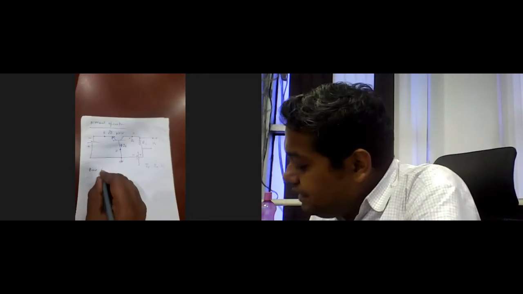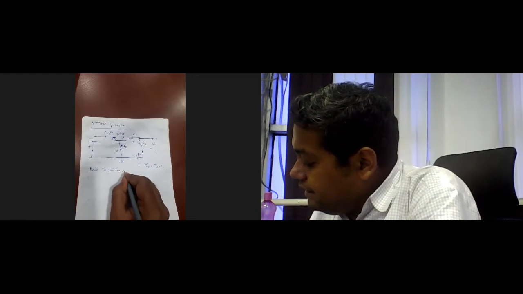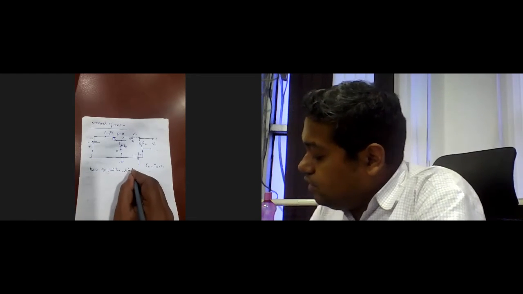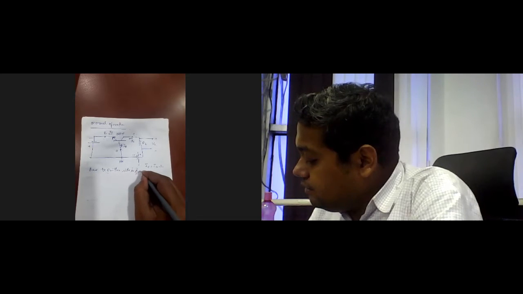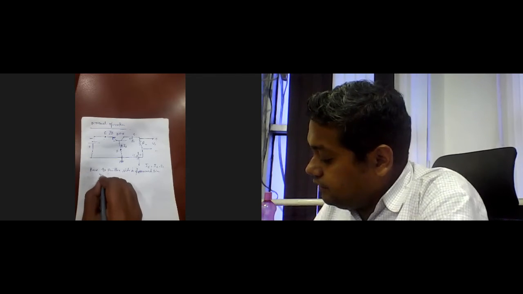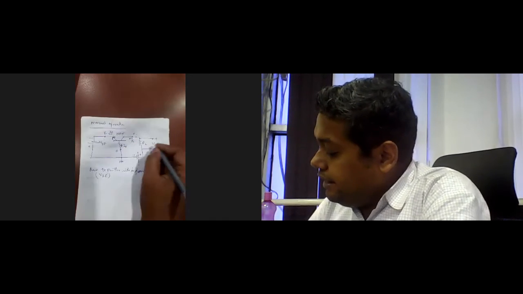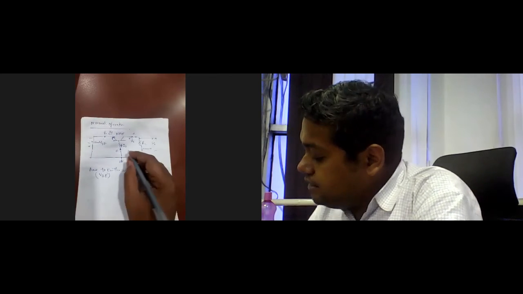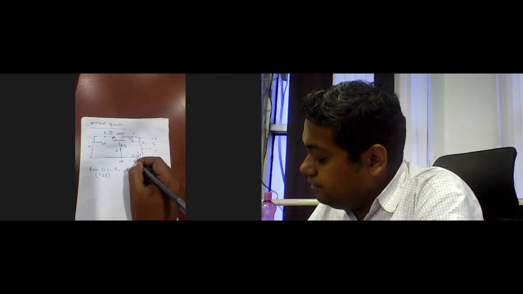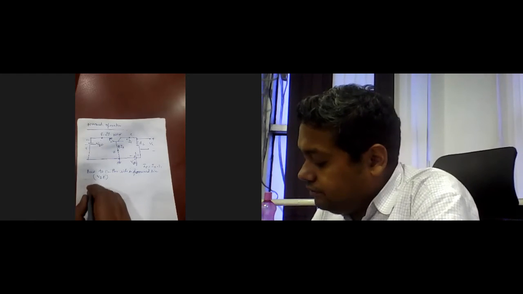The base to emitter side is forward bias. That is VBE. This is considered as VBE, and this is VCB.